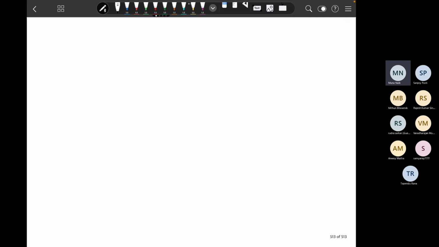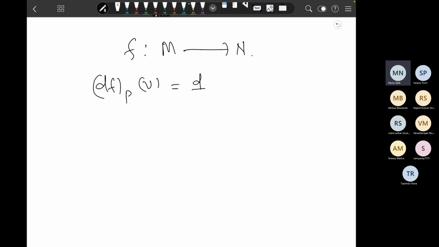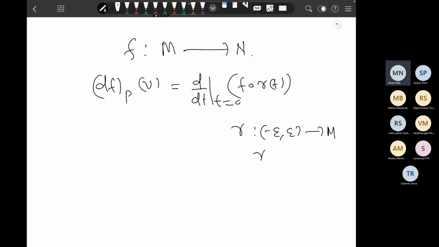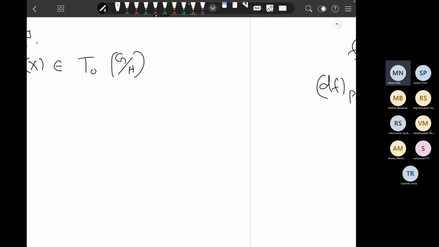I told you that if f from M to N is a smooth map, then df_p of v is really d by dt at t equal to 0 of f composed with gamma of t, where gamma is a curve in M with gamma 0 equal to p and gamma prime 0 equal to v. I will use this fact repeatedly.